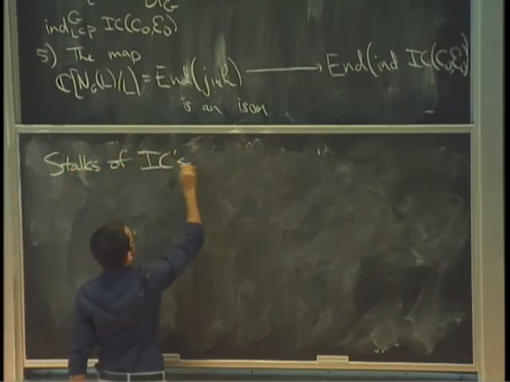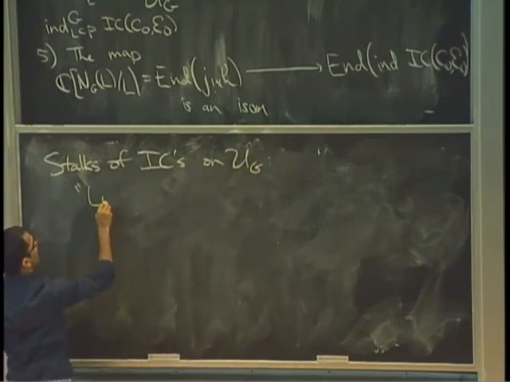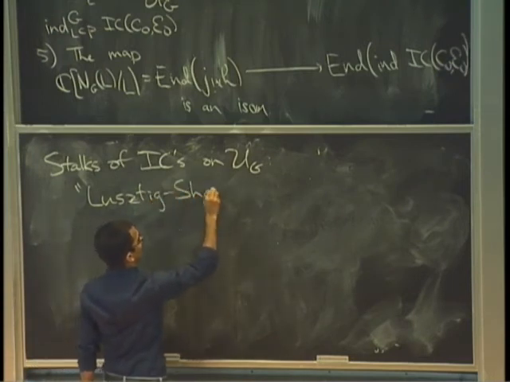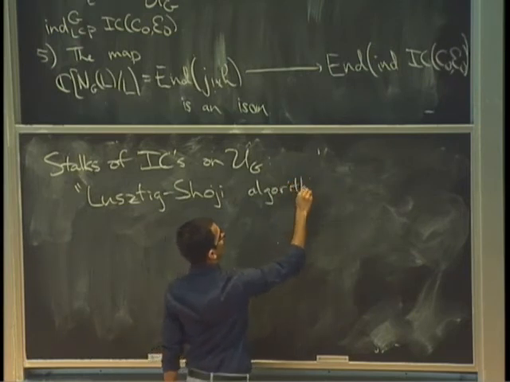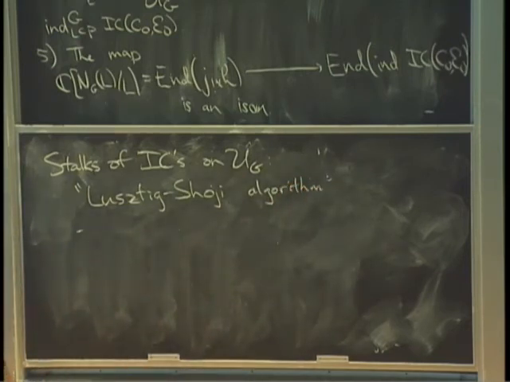To compute stalks of ICs on U of G, there's something called the Lusztig-Shoji algorithm, and it's really an algorithm. Here's what you need to know to run it.